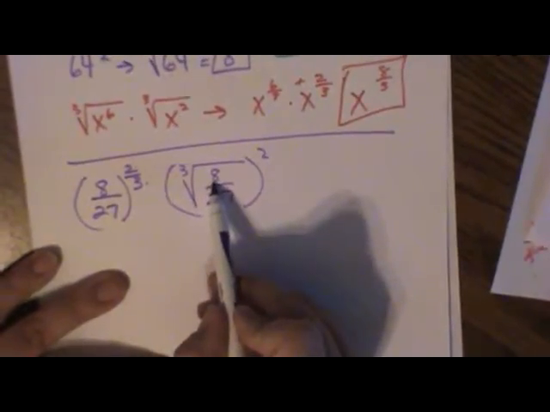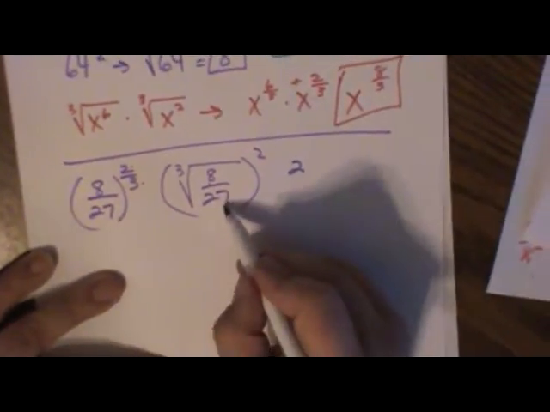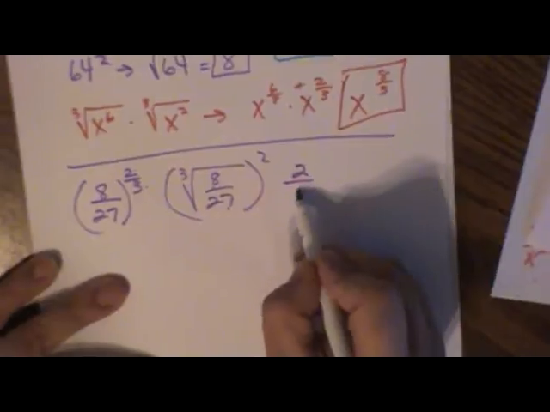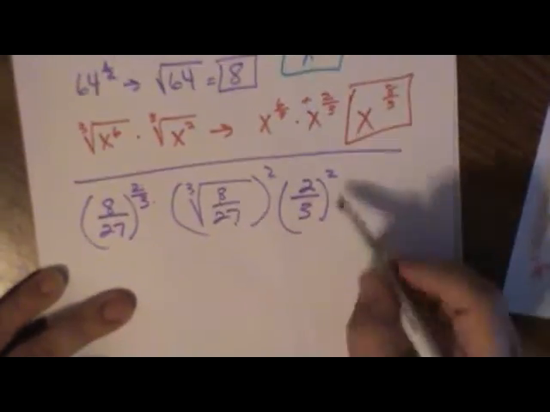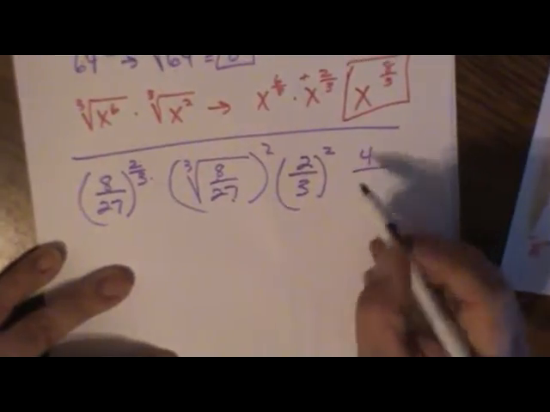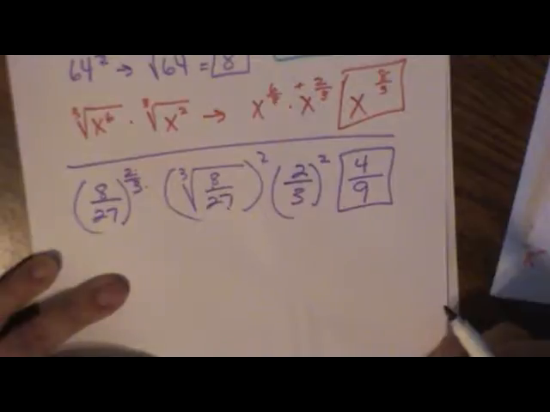We know that 2 times 2 times 2 is 8. So the cubed root of 8 is 2. And then the cube root of 27 is 3. Then we don't forget to square it. So 2 times 2 is 4. 3 times 3 is 9. Our answer for this problem is 4 over 9.